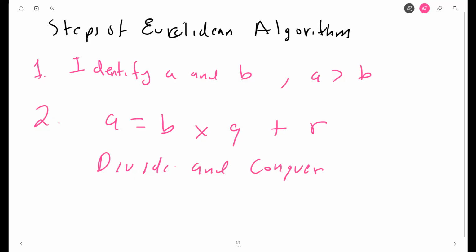And remember here, Q is the quotient and R the remainder.